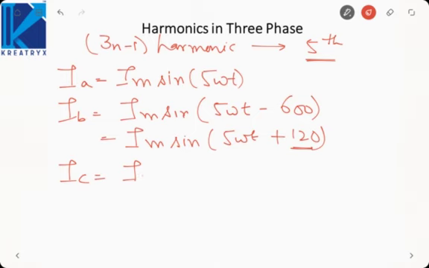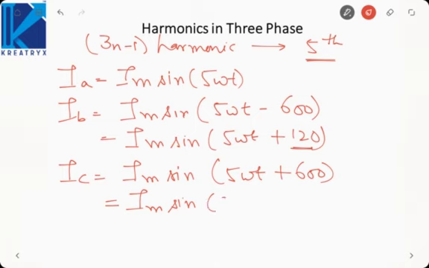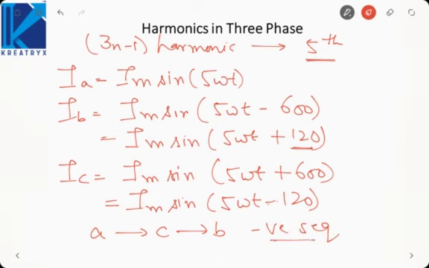IC will be Im sin 5 omega t plus 600. Now this 600 can be written as 720 minus 120. So it will be minus 120. Now if you see phase sequences A, then C, then B. This is a negative sequence. Though it is a negative sequence, still it is balanced.